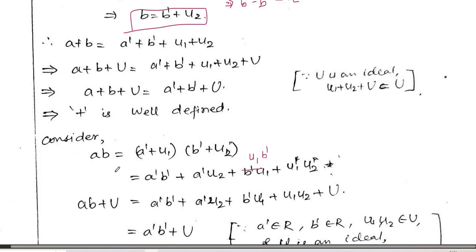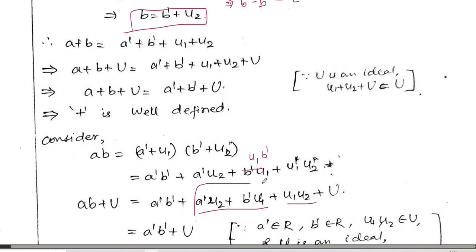Now if you consider ab plus U, then you'll have to just replace your ab by this plus U that you have. Now this is definitely an element in capital U, we have mentioned earlier.